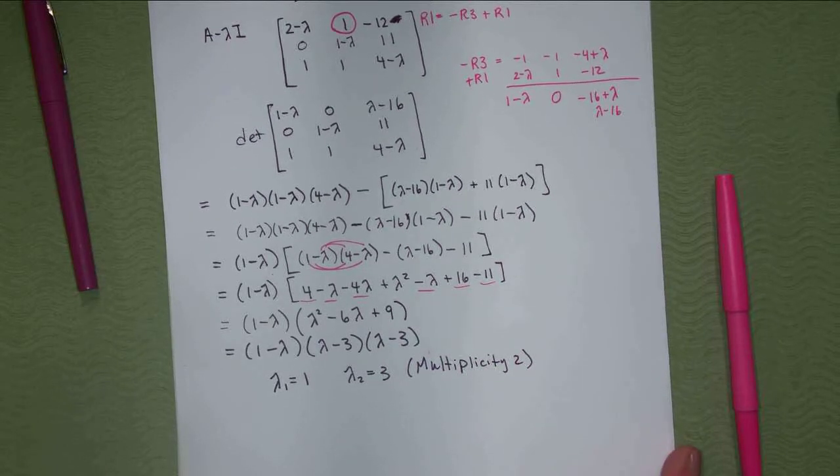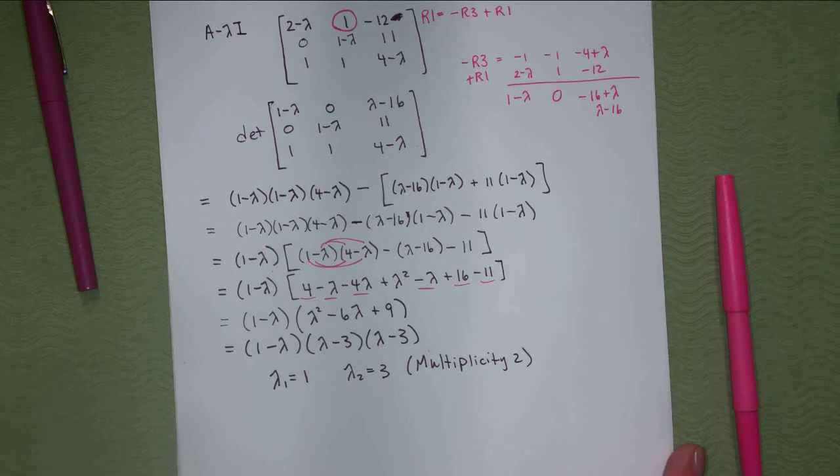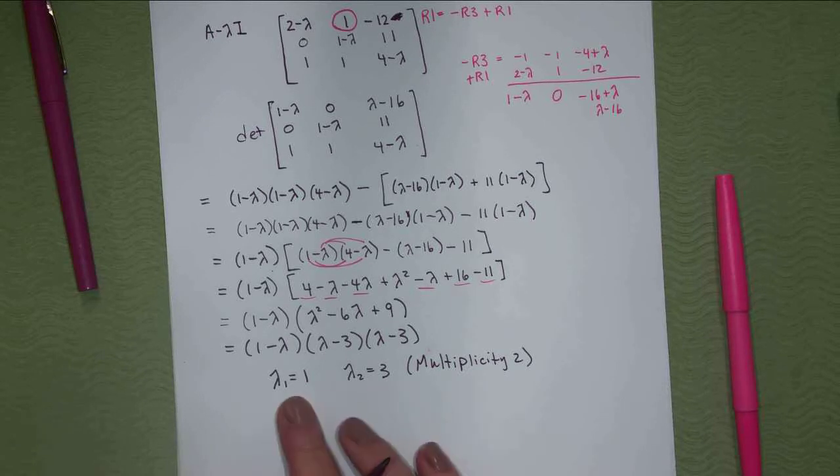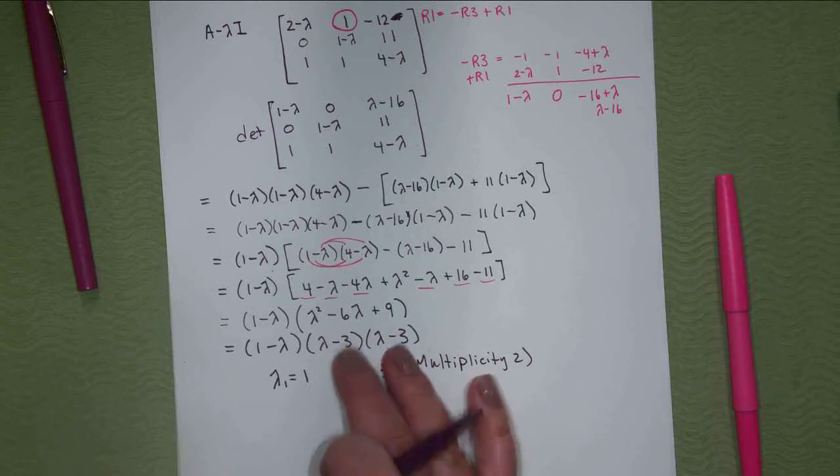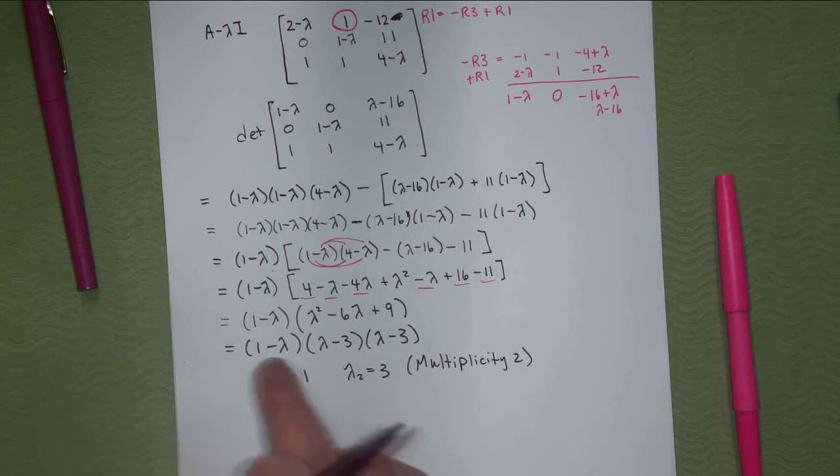So if you ever see multiplicity, what they're asking is how many times did that one occur? So you can have either 3 distinct, they would all have multiplicity 1. You could have 2 and 1, or you could have all 3 the same if it factored that way. And then that would have 1 eigenvalue, multiplicity 3.